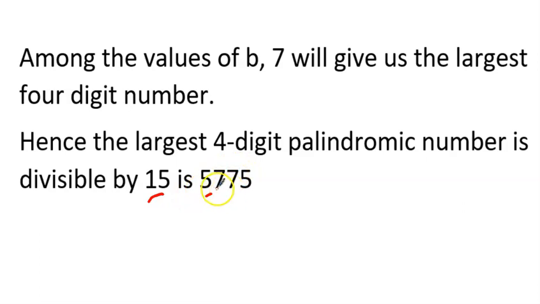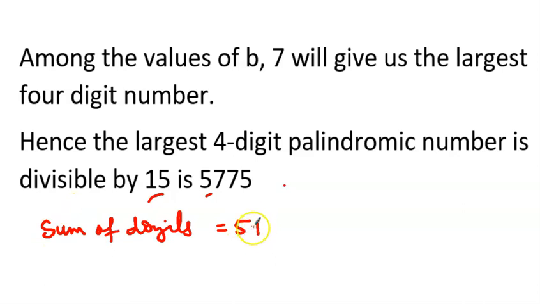That will be the largest palindromic number which is divisible by 15. So the sum of digits will be 5 plus 7 plus 7 plus 5, which is equal to, this one is 12, this one is 12, 24.